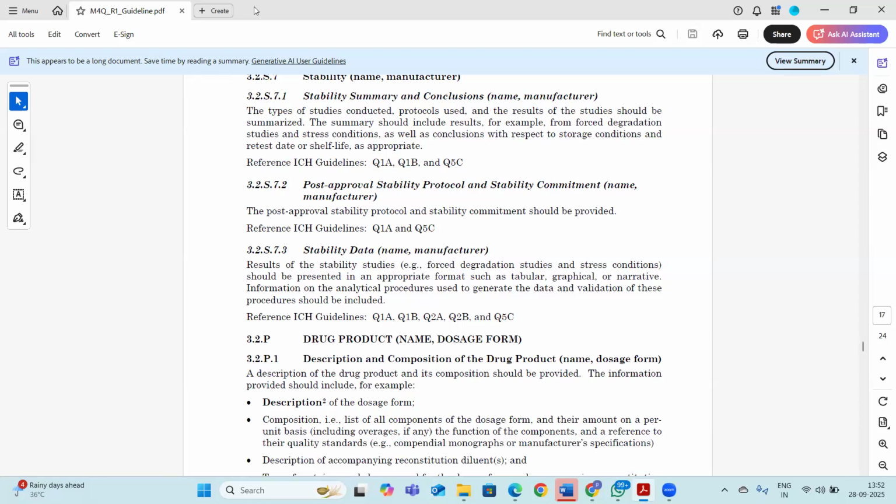Once we've covered module 3, we will just take an overview of modules 4 and 5, because 4 and 5 deal with clinical and non-clinical data, which is not the CMC part, but comes in clinical trials and everything. So we will briefly talk about modules 4 and 5, but for 3.2.P, we will have an extensive discussion of all the data that is being submitted in 3.2.P.